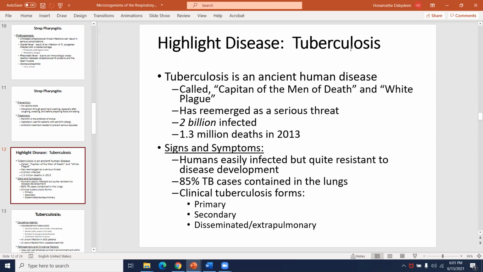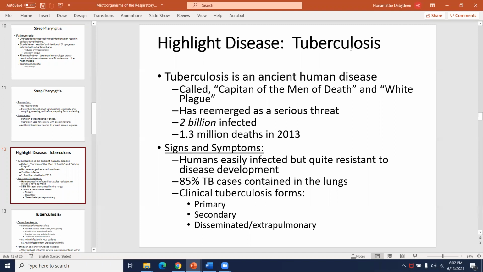Currently, you have 2 to 2.5 billion people infected with Mycobacterium tuberculosis, and 1.3 million deaths, and that was in 2013. Now, it may sound like old statistics, but that's the delay that we have. That's how many deaths in 1 year.